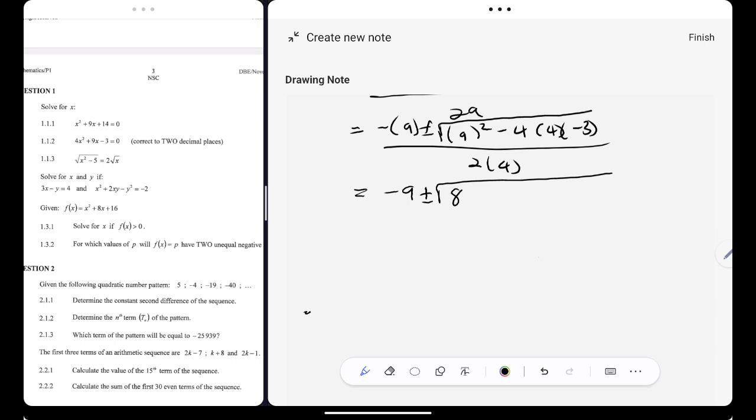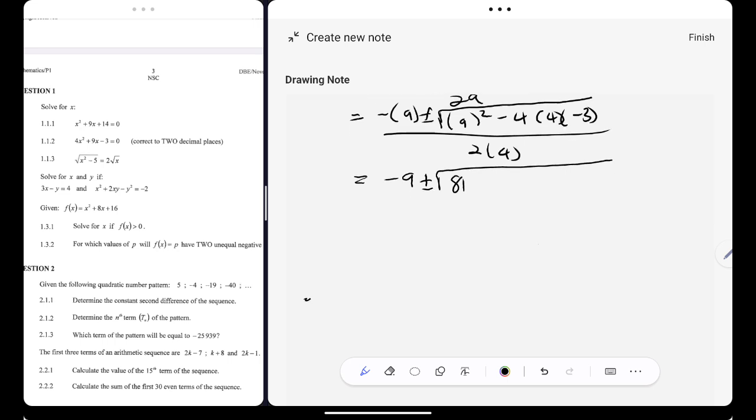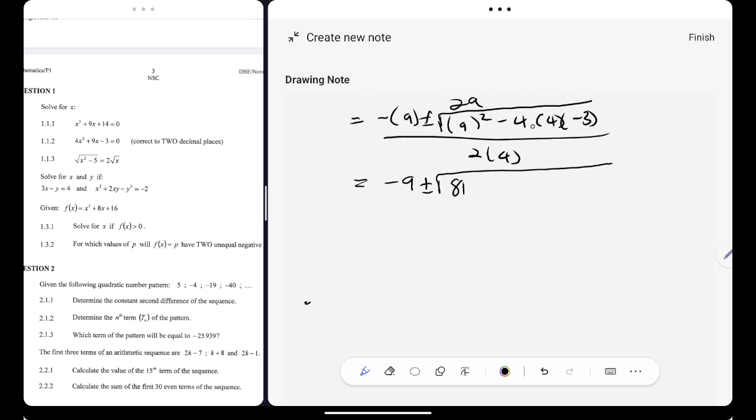9 squared is 81. 4 multiplied by 4 is 16. 16 by 3 is 48. So just say plus 48 here, all over 8.